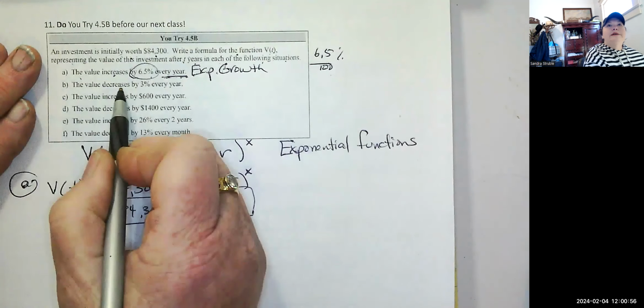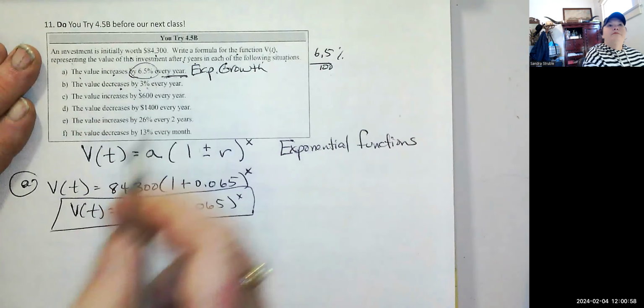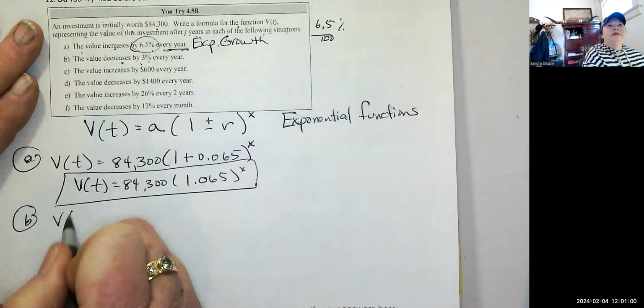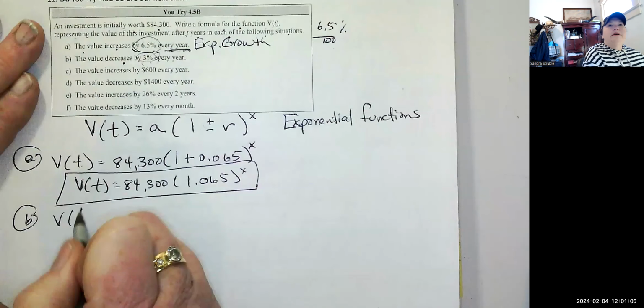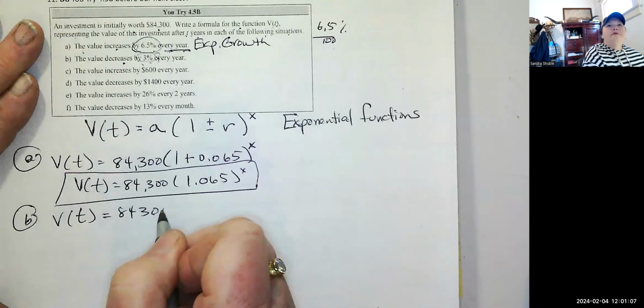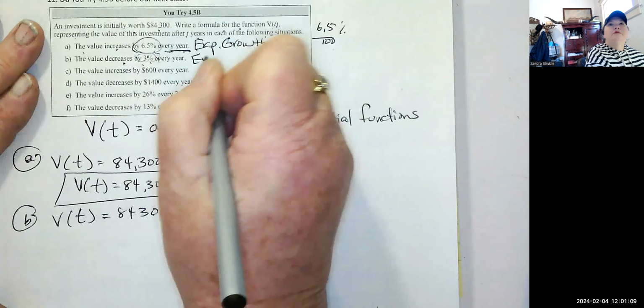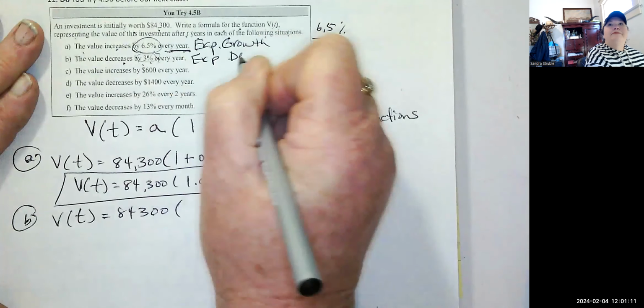The value decreases by 3% every year. This is also exponential because it's a percentage. So V of t is equal to 84,300. So it's exponential, but it's decay.